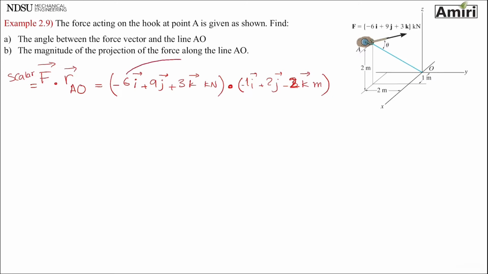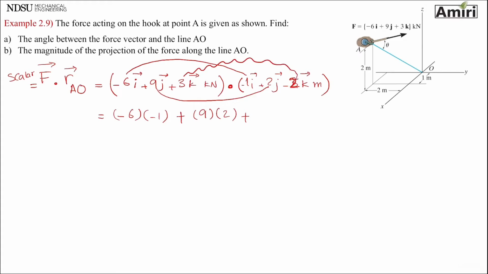So all you have to do is multiply 6 by 1, plus, see, there's no ijk, 9 times 2, plus 3 times -2. This is kilonewton meters for each term. So the dot product is actually going to be 18.